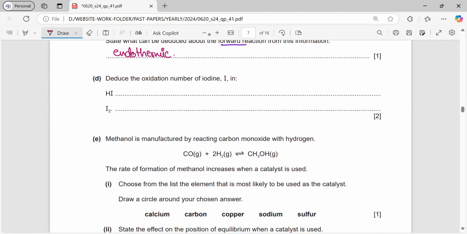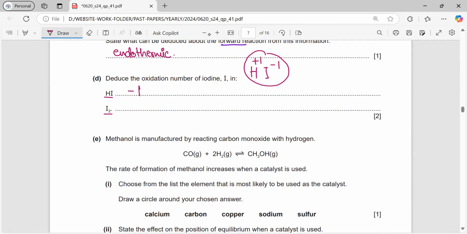Deduce the oxidation number of iodine in HI and I2. In HI, hydrogen and iodide, hydrogen is always positive 1, so iodide will be negative 1. Because in every neutral compound, the number of positive charges and the number of negative charges are always equal. So here the iodide ion is -1.